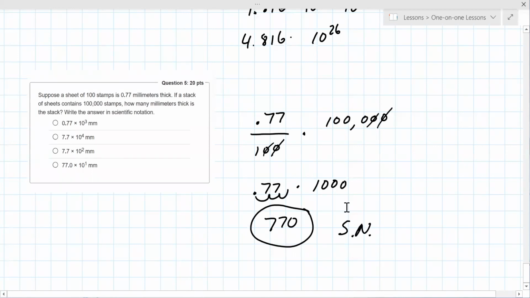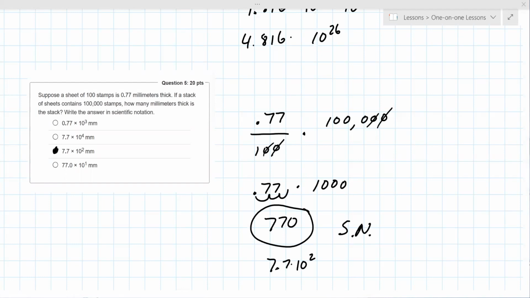Okay. That would be 7.7 times 10 to the power of 2. Good.